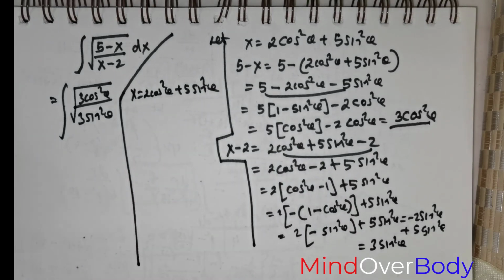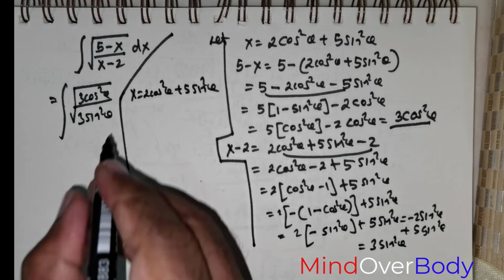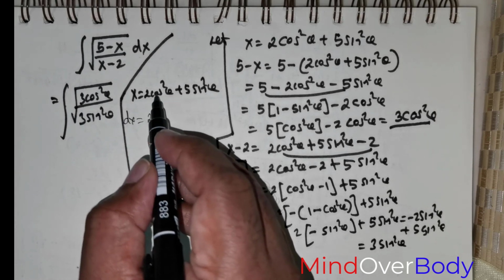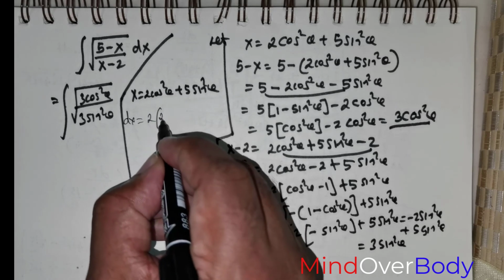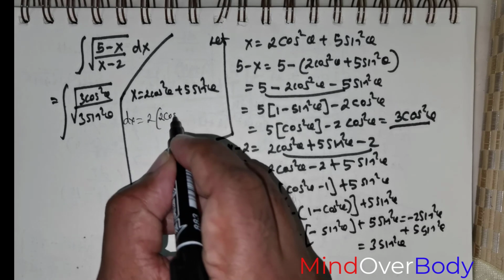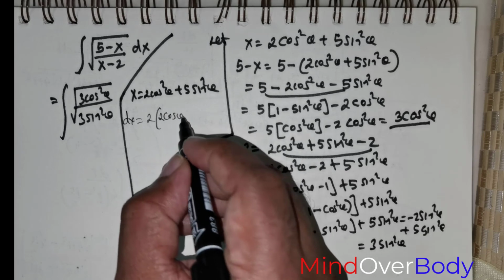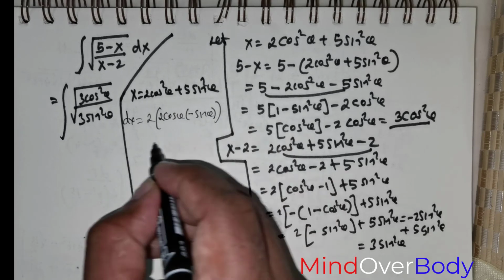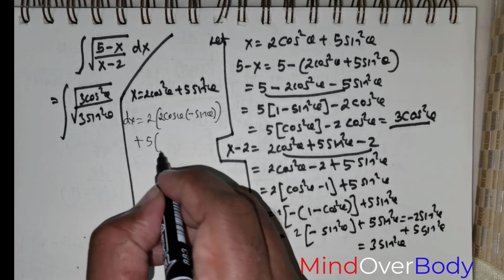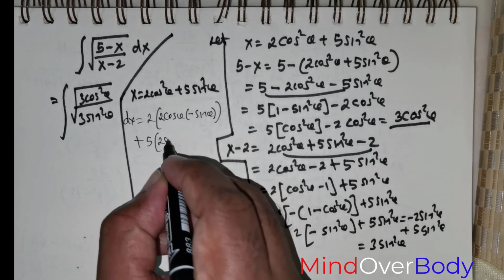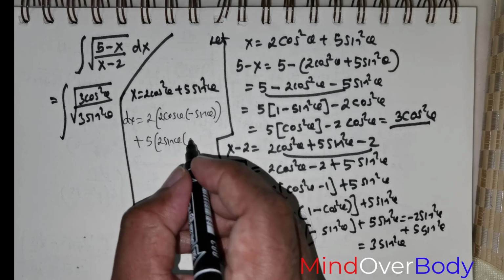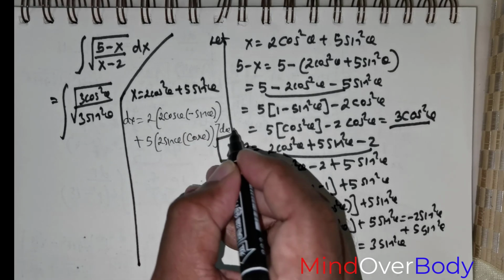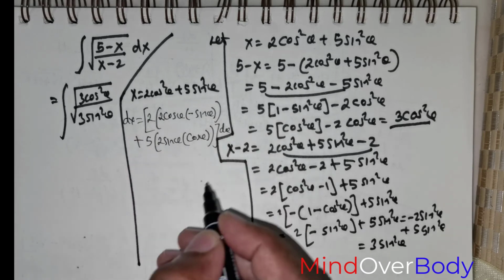If I were to differentiate this, dx would be equal to 2 times the differential of cos square theta, which is 2 times cos theta times the differential of cos theta, that's going to be negative sin theta, plus 5 times the differentiation of sin square theta, which is going to be 2 times sin theta times the differentiation of sin theta, that's going to be cos theta. So this has to be multiplied with d theta, this entire thing.